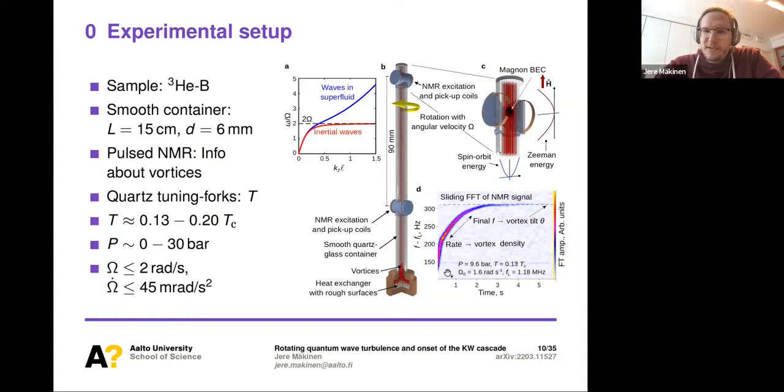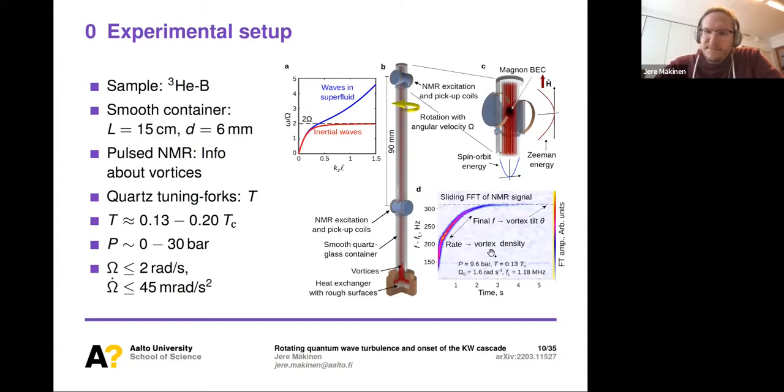As time goes on, the magnon number decreases. This precession induces a voltage signal in the pickup coils, which we can then measure. As the number of magnons decreases, the signal induced in the pickup coils decreases, and they also change in frequency to some degree.